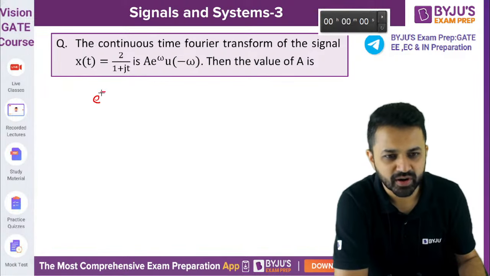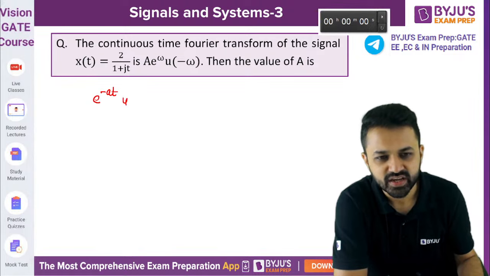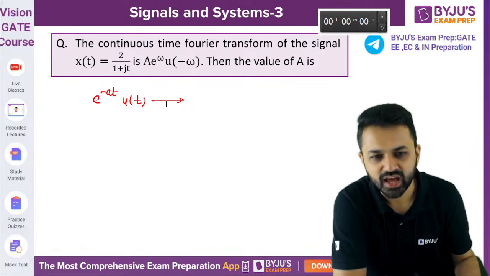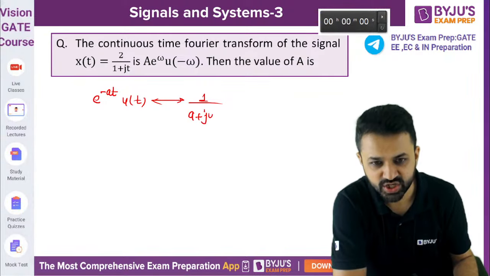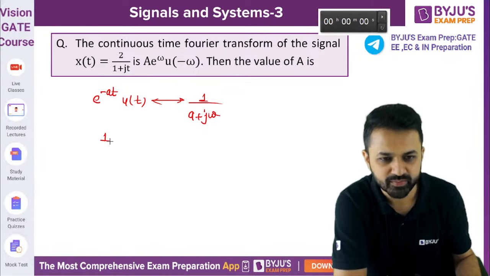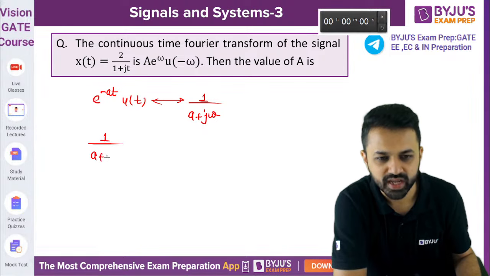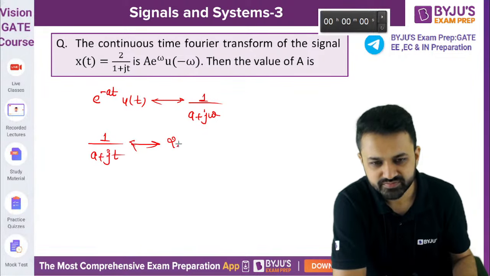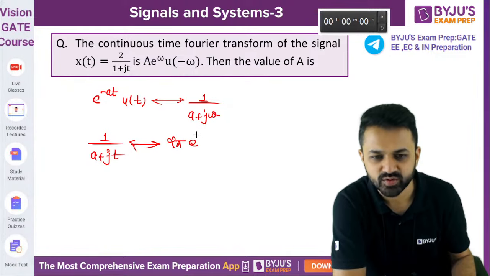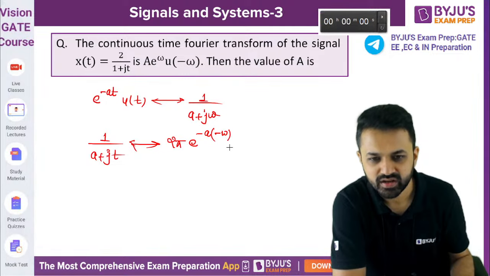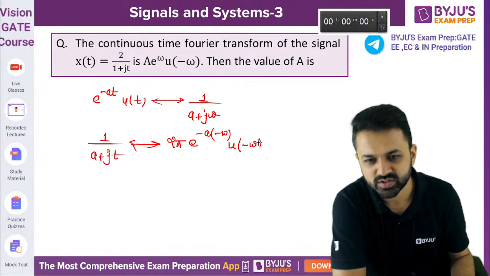So e to the power minus at u(t) will have the Fourier transform 1 upon a plus jω. Applying the duality property, 1 upon a plus jt will have this 2π e to the power minus a, where t is replaced by minus ω.